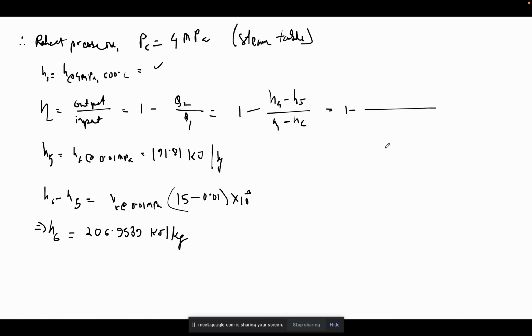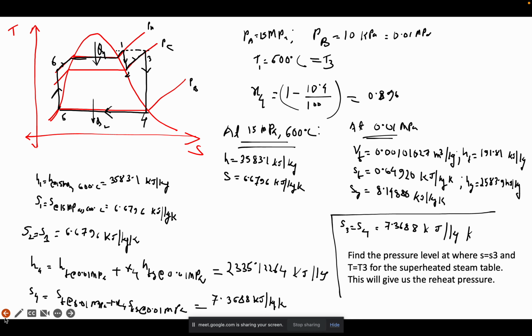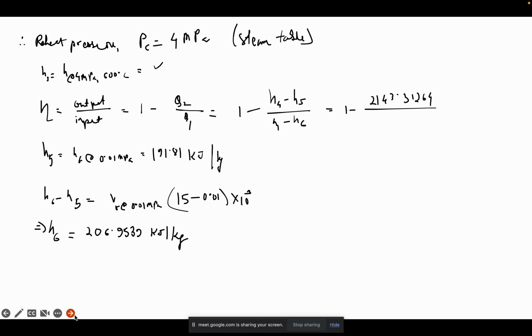Okay, so this is your 2143.31264, and H1 minus H6, my H1 is 3583.1 minus H6, which is 206.9539.